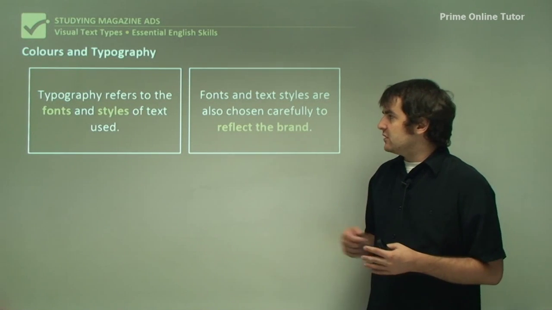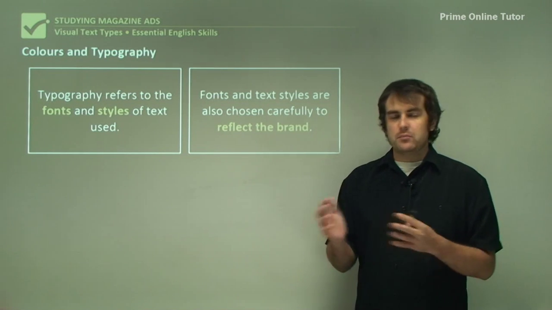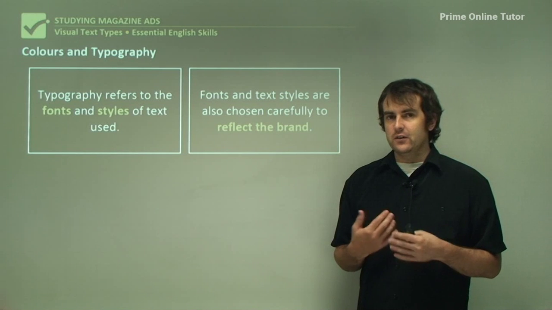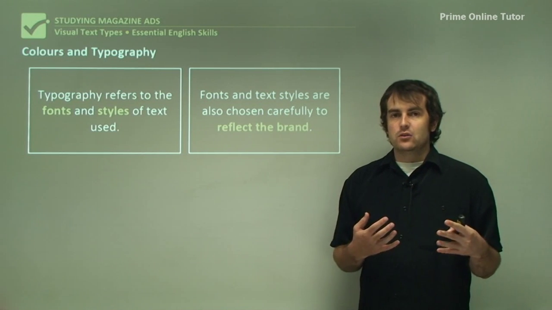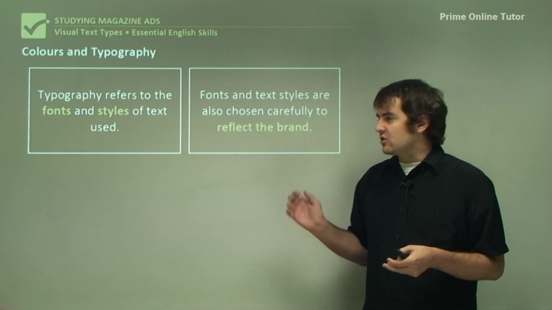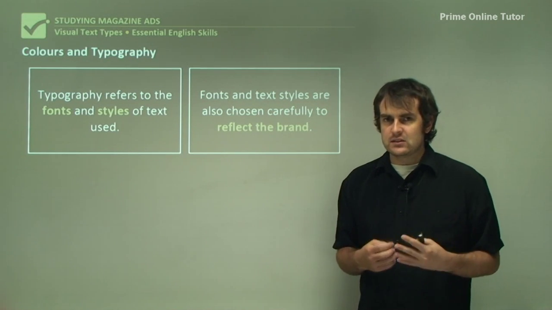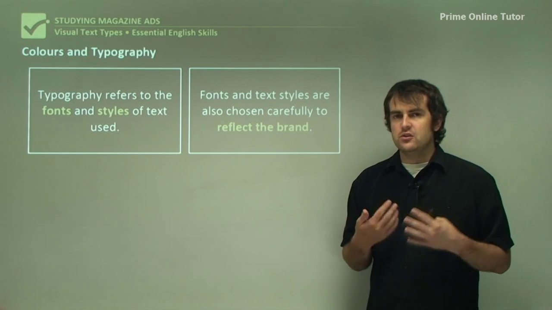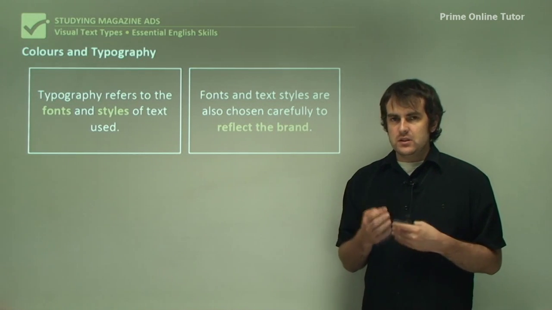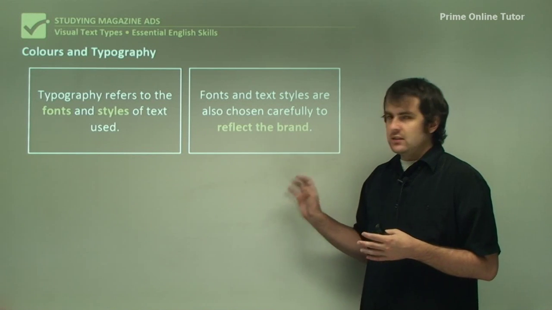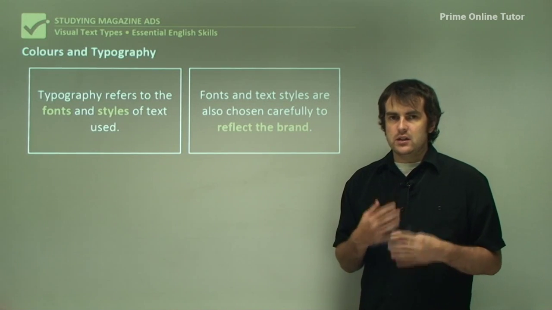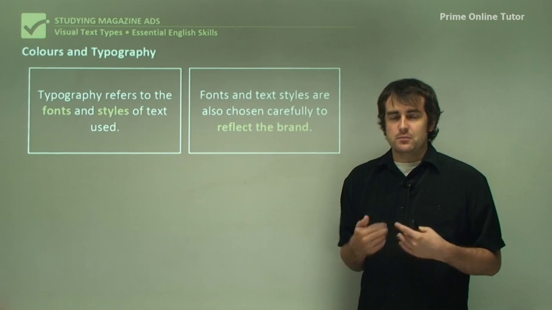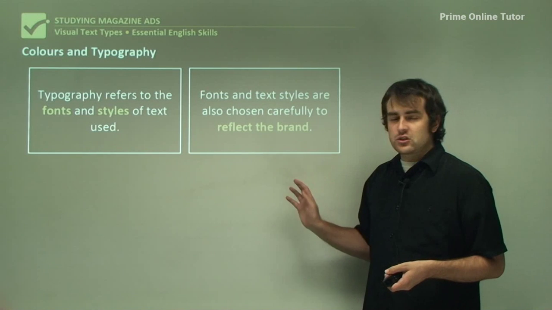So if, for instance, it's an ad to stop people smoking, they won't be using Comic Sans, for the obvious reason that Comic Sans is a font that, rather than being annoying, is also one that's a bit cheery, whereas a stop smoking message is one that's quite sinister and is trying to make you feel a little bit anxious. So they use a very creepy sort of font, something that seems a bit industrial, something that's a bit murky and shady and all the rest. And that makes people go, oh, yeah, it's something that should make me feel like that. So it's chosen all very carefully.